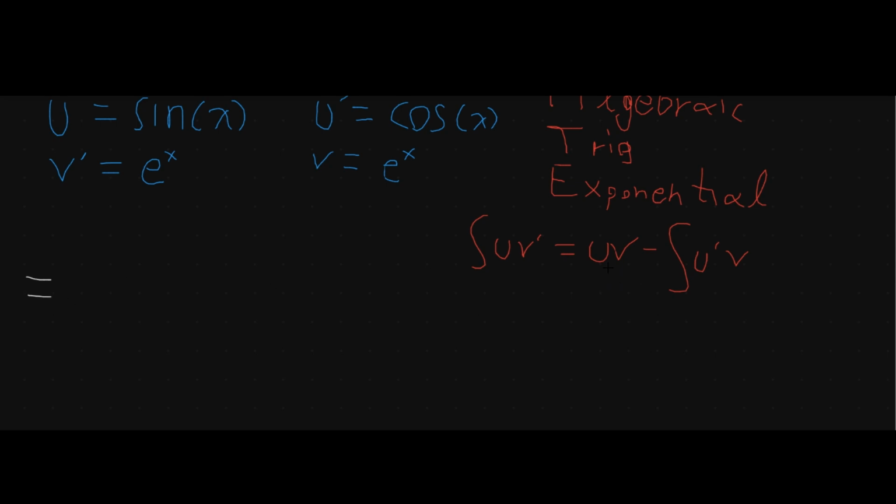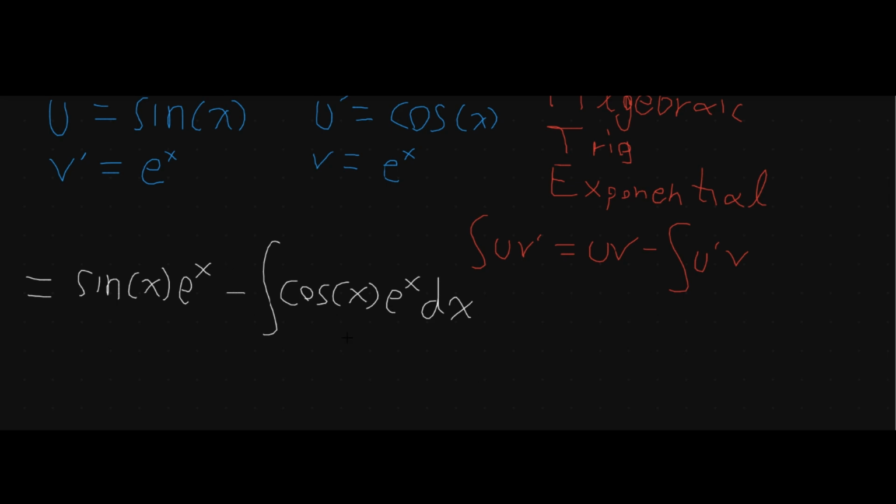So first u times v, sine of x times e to the x, minus u dash times v. U dash is over here and v is over here, so we have minus the integral of u dash, which is cosine x, times e to the x dx.